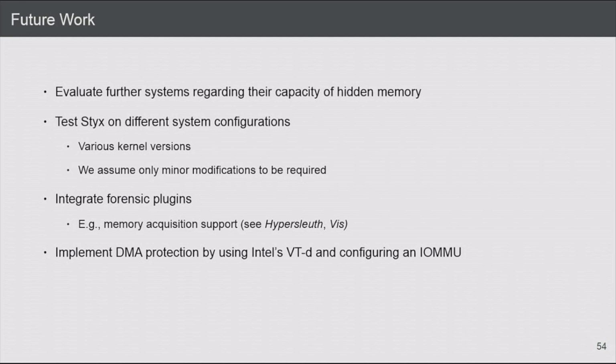Furthermore, we want to integrate forensic plugins, like shown in projects like HyperSleuth or Wiz, and we want to implement a DMA protection engine, which basically makes use of Intel's VT-d feature and configuring an IOMMU, so all DMA accesses can be redirected with the same mechanism we used for standard memory.